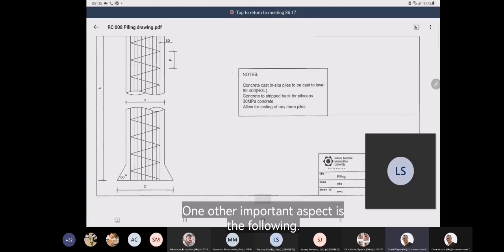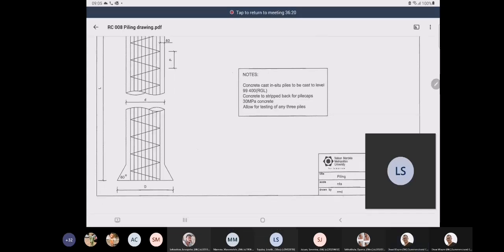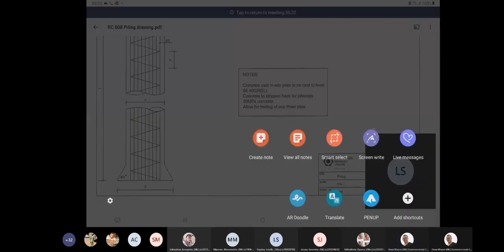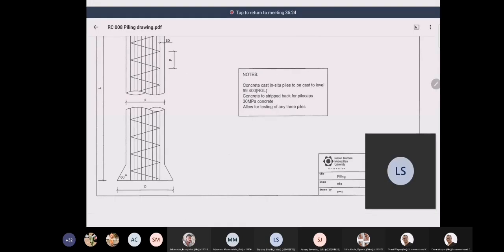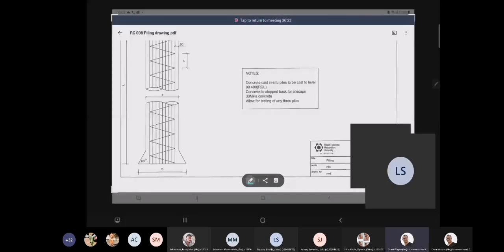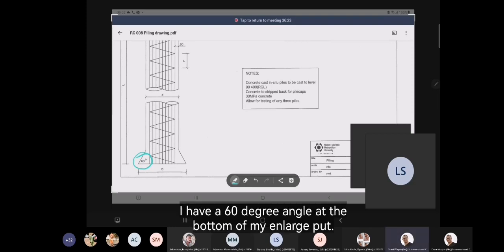One other important aspect is the following. You now notice that I have a 60-degree angle at the bottom of my enlarged foot.